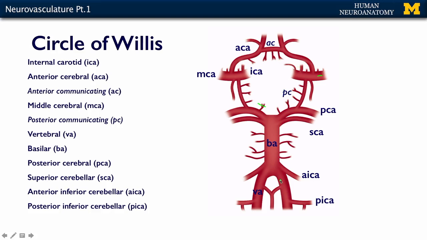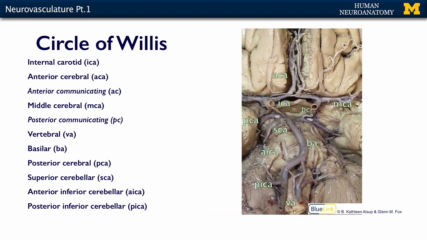In the next image, we're looking at the base of the brain, okay? One of the reasons you know it's the base of the brain is that we can see our olfactory tracts. That's pretty cool. So again, here is our internal carotid. This little squiggly here is our posterior communicating.